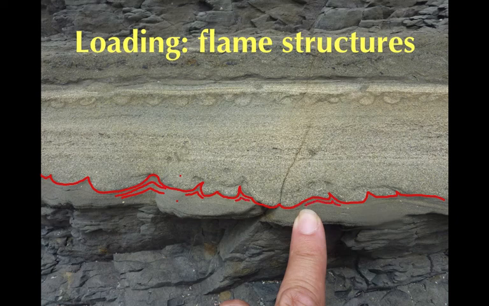So what happened is that the sandstone up here above the contact was deposited rapidly, and when it was deposited rapidly, it applied a load on the underlying mud, and the sandstone, or the sand at that time, foundered or sunk down into the mud, and the mud got injected up into the gaps between those foundering blocks of sand.